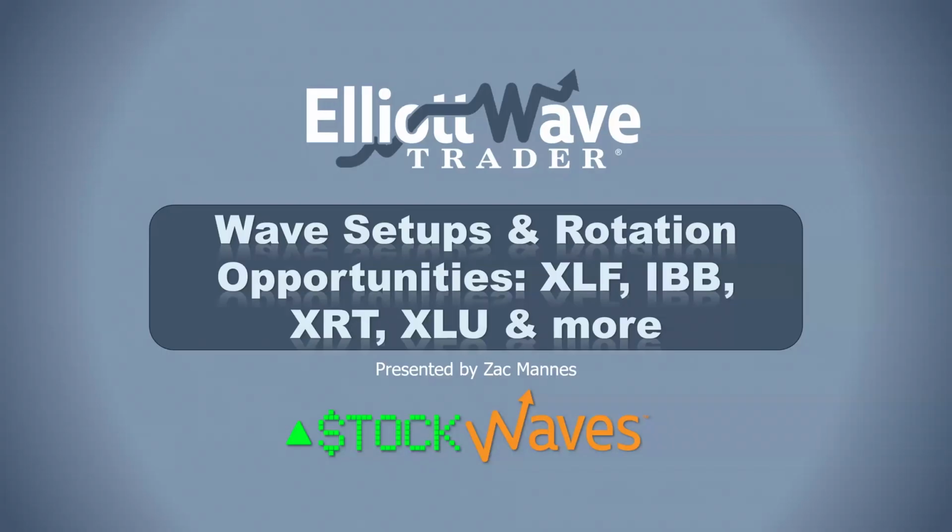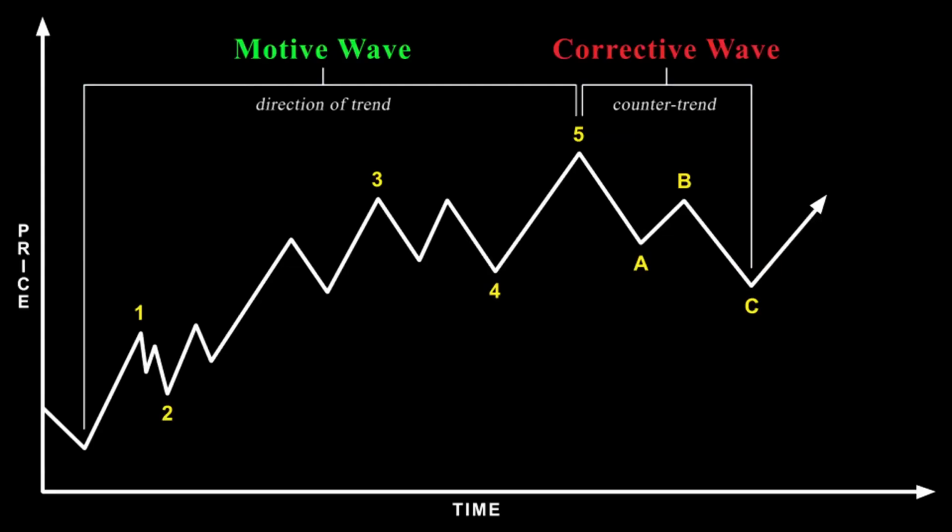But like I do often, when I know that we're doing an event that isn't meant for Elliott Wave traders, we really start with the basics and spend a lot more time on it. But I think most of your audience are pretty familiar with the basics in terms of motive waves and corrective waves, that we're looking for 5-wave patterns followed by corrective 3-wave patterns.